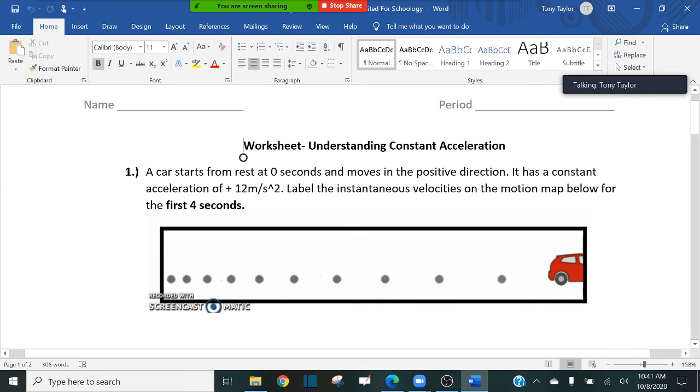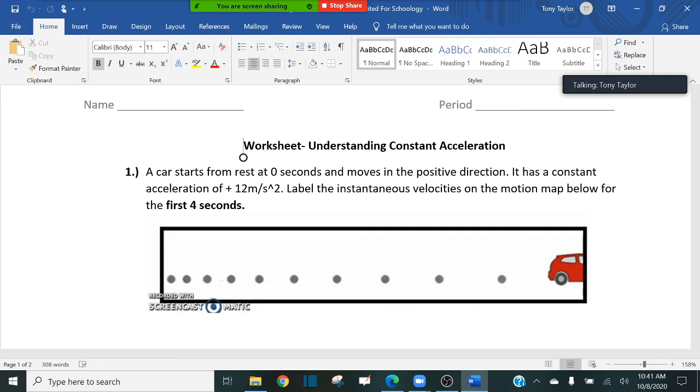So what does it mean for an object to be traveling with a constant acceleration? So guys, it's important that you know that a constant acceleration basically means that the object increases its velocity for every second that it's traveling. In other words, it increases its velocity at a constant rate.